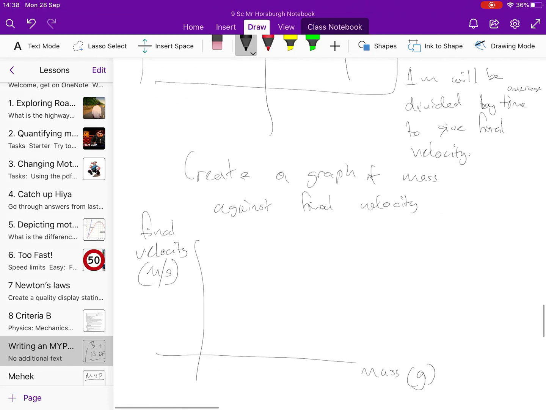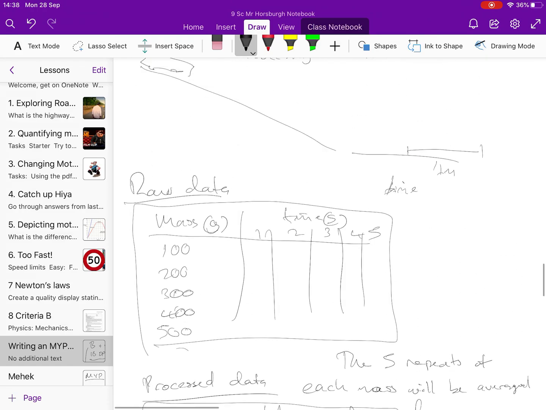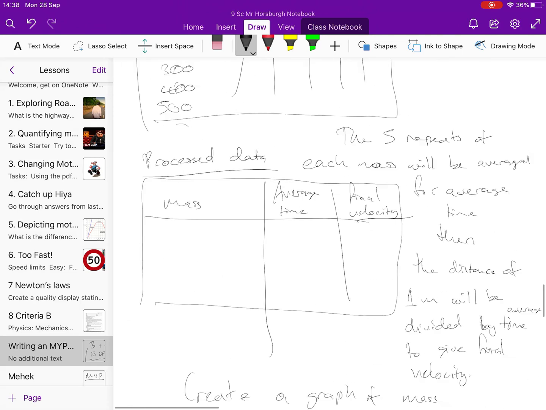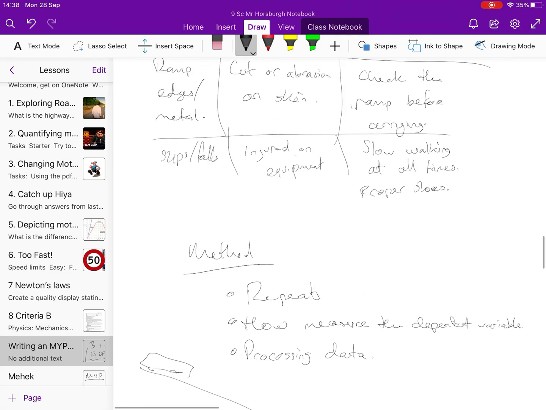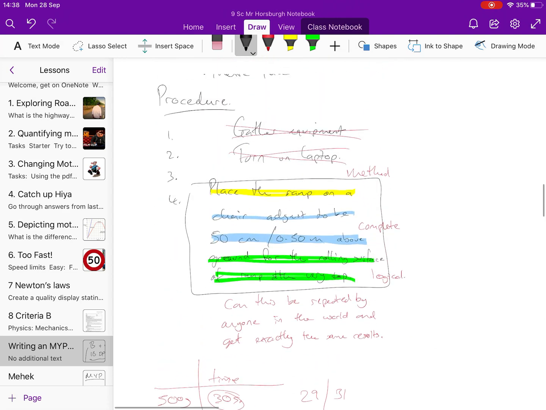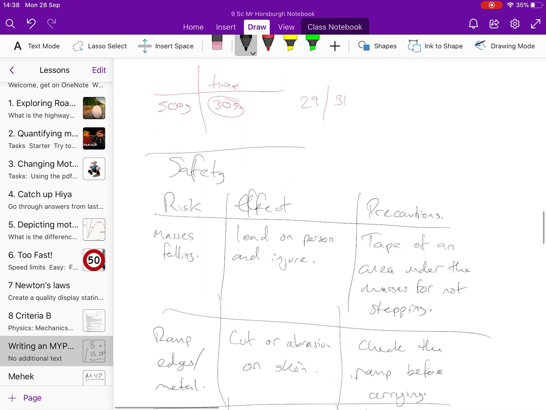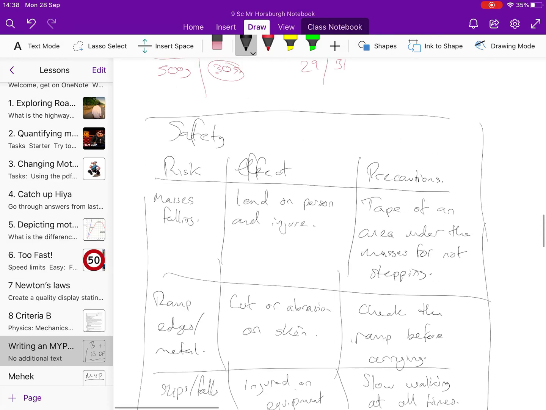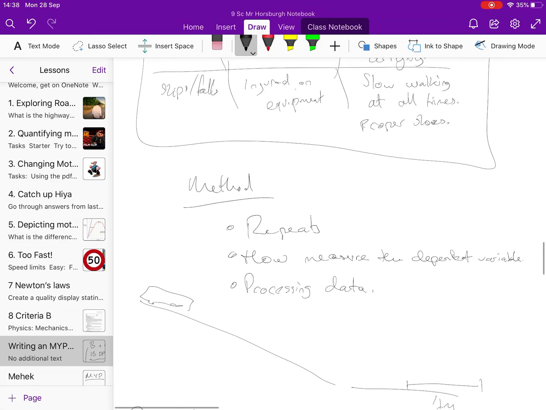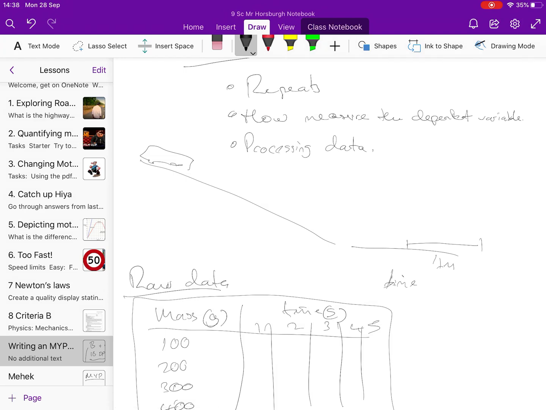Yeah? So that's how your method should be. Yeah? Full and detailed, showing you all the stages to it. Yeah, just do the safety as the very last thing. Sorry, I thought of something after I'd finished the method. So make sure you've done all of that.